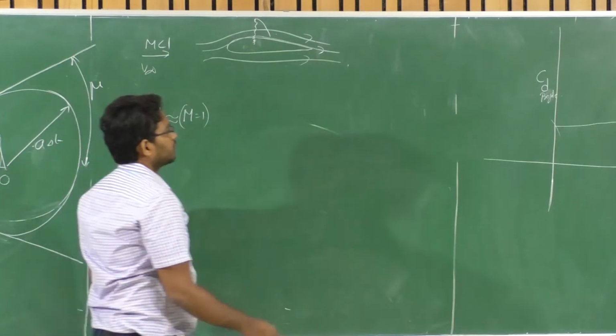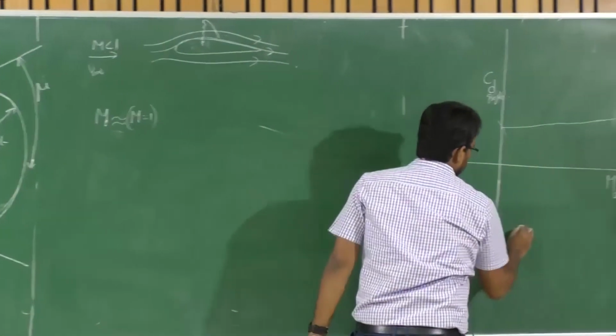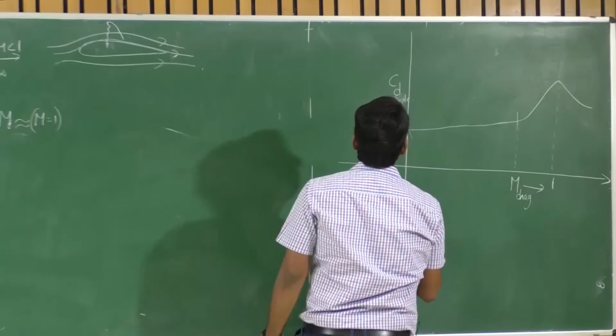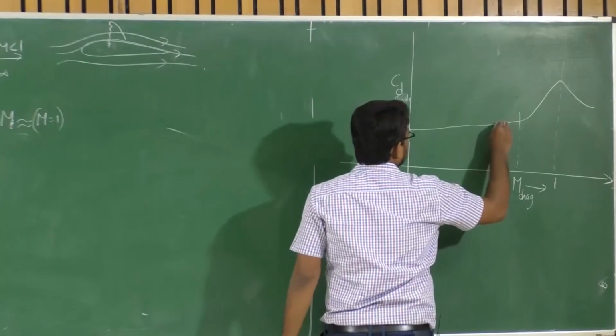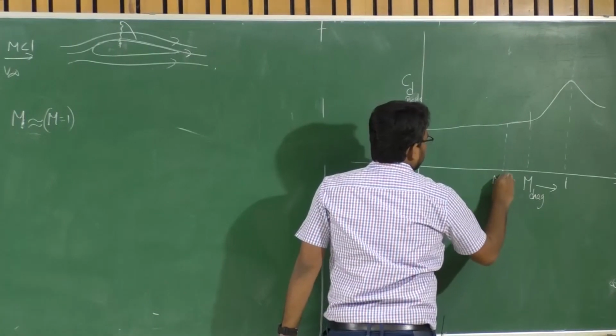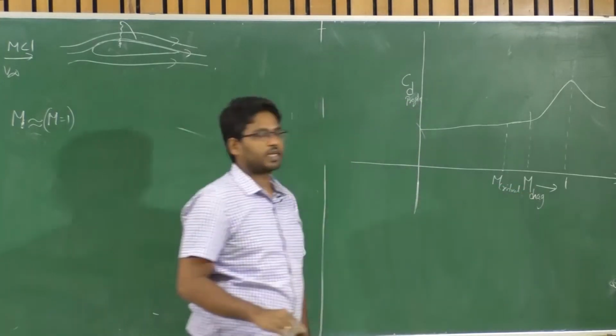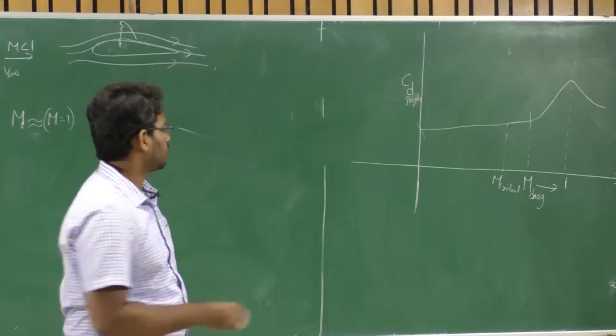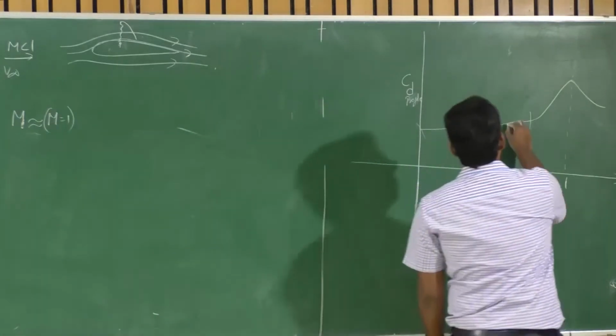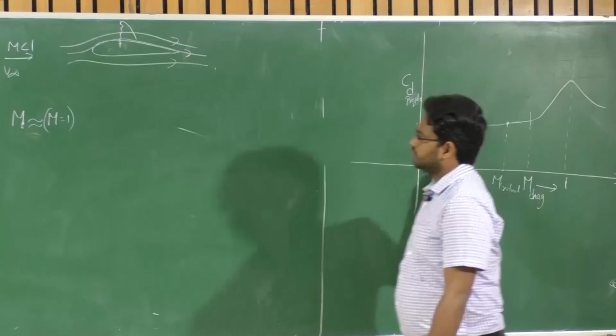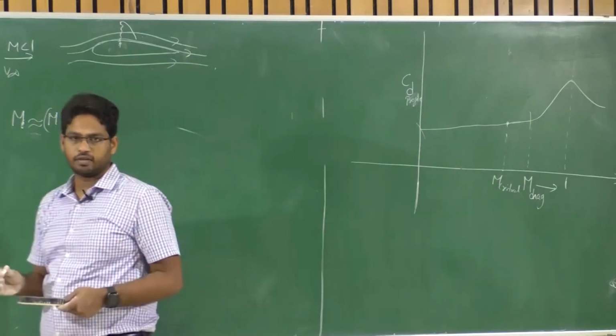So critical Mach number and drag divergence Mach number are two important parameters that we need to talk about. The critical Mach number is, in general, less than the drag divergence Mach number. Again, you have to delay this critical Mach number as much as possible.